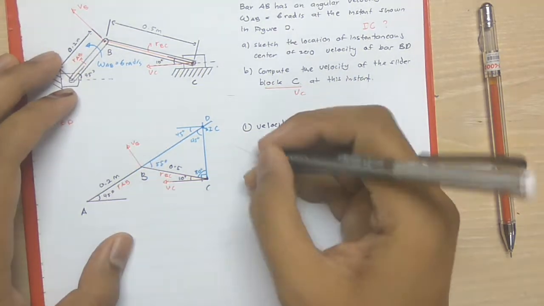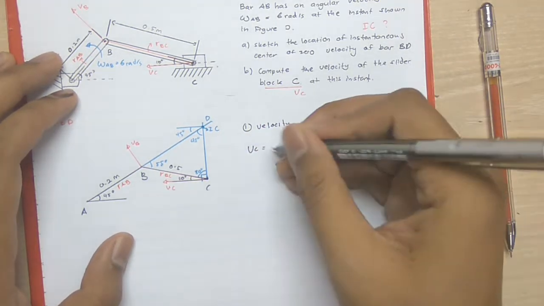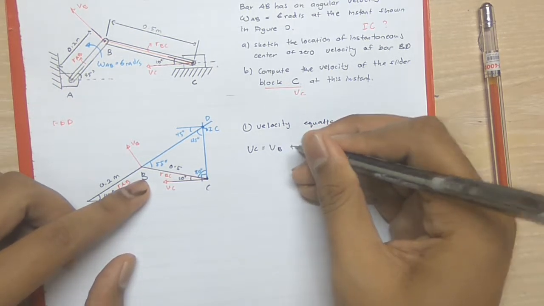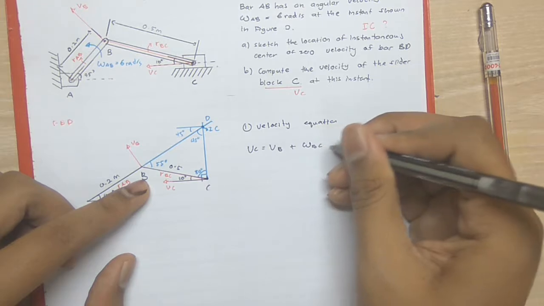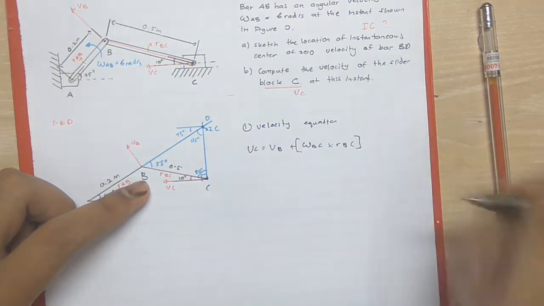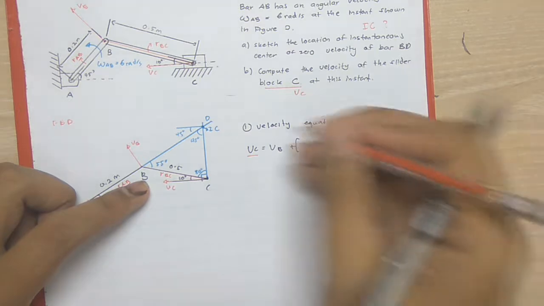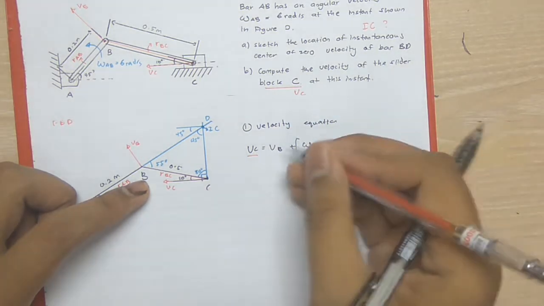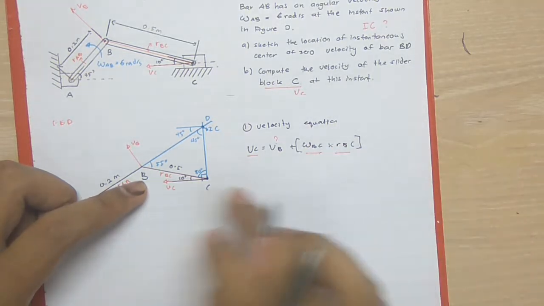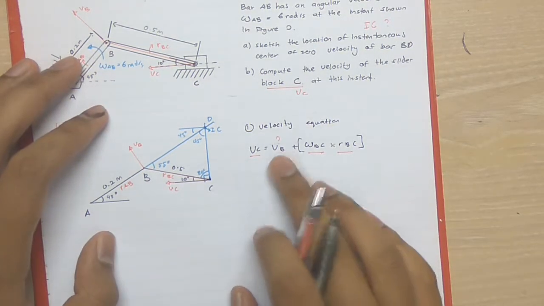We want to get VC, so VC is the main body, and then VB plus omega BC times RBC. We want to get VC, and we don't know VB. Omega BC and RBC we can find from here. So first we need to compute VB.